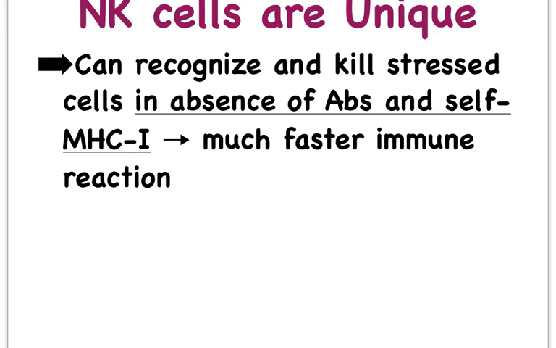So they have a really fast immune reaction compared to, let's say, the cells of the adaptive immune system, who are very dependent on either an MHC1 or MHC2 protein or even antibodies.